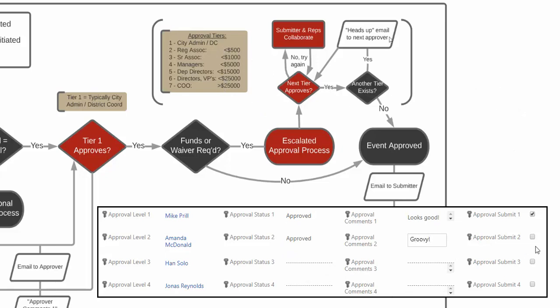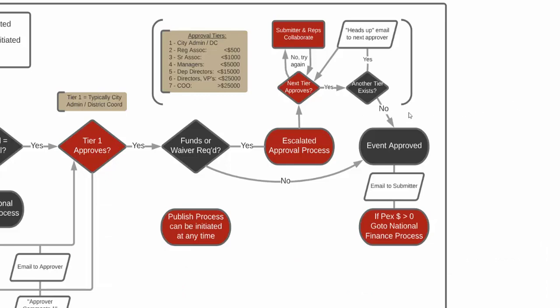And if so, then it's going to send an email to the next level approver and say, it's your turn to go approve the next phase of this particular event. They're going to then look at it and say, all right, do they approve it? And if not, then the submitter and the reps would go back to work and figure out whatever the particular issue is, and then they would resubmit, and we stay kind of in this loop until we have no more approvals left.